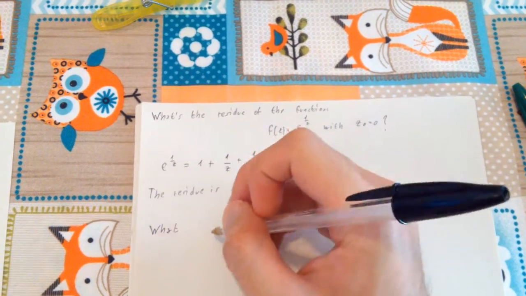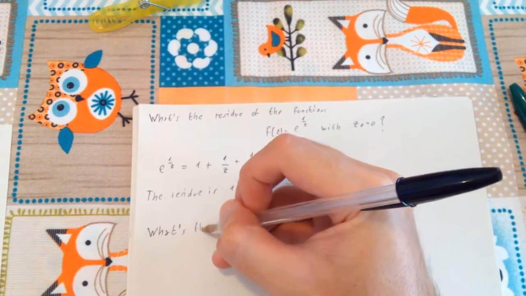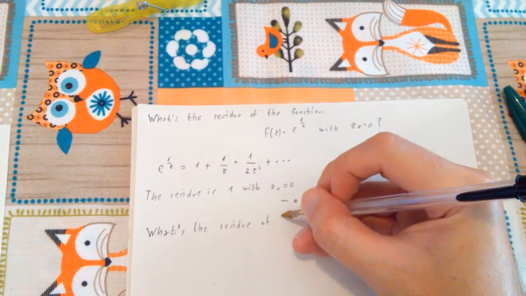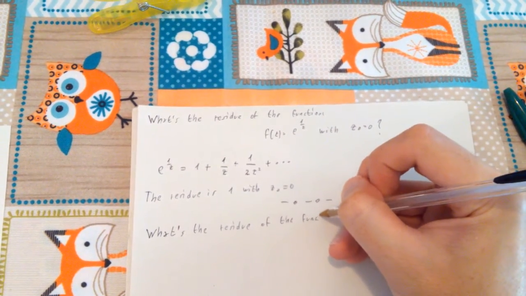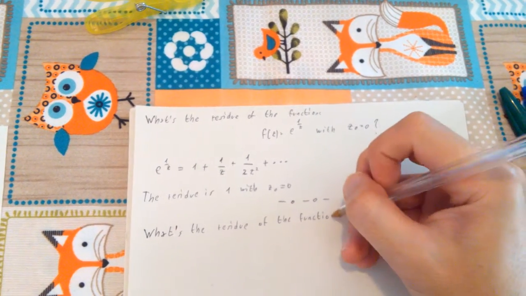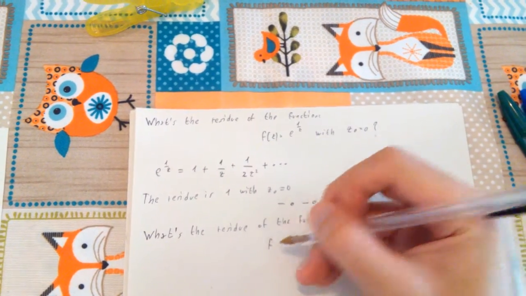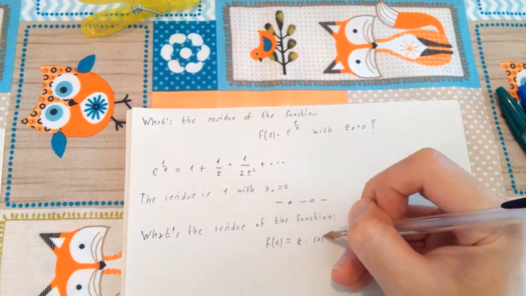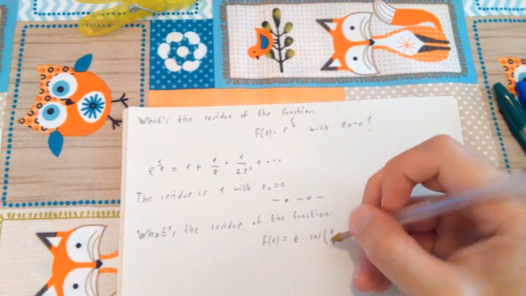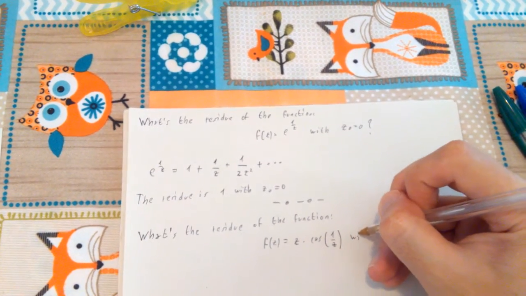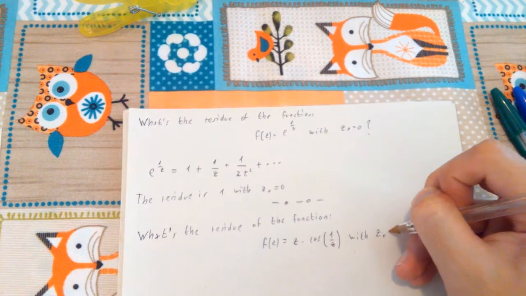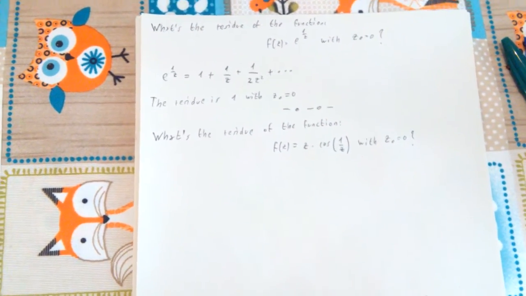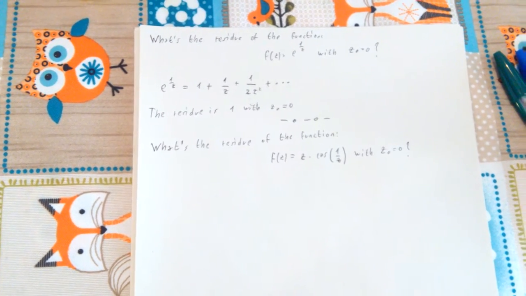So if I ask you what's the residue of the function, and the function we have is another fairly simple one, z times cosine of 1 over z, with z0 equal to 0, we can once again write the series.